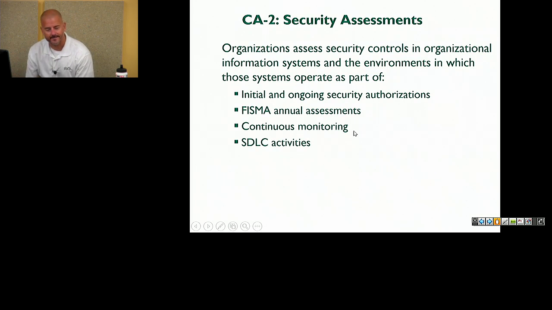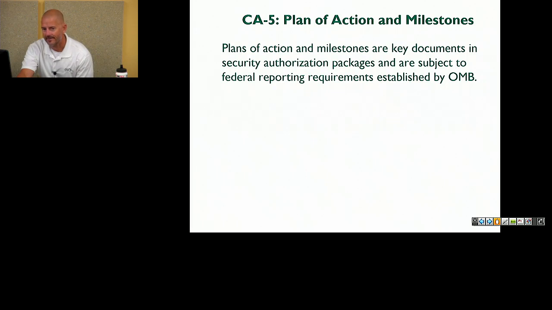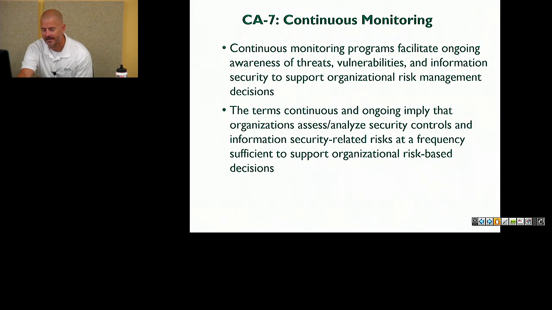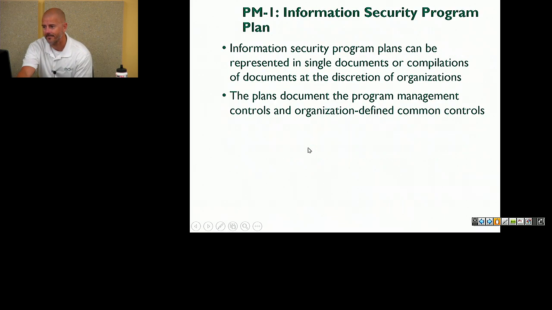And then second, -2 is the actual assessment, plan of actions and milestones, and then continuous monitoring. So these are controls that are assessed by the government in every system. So you must have all of these in place.